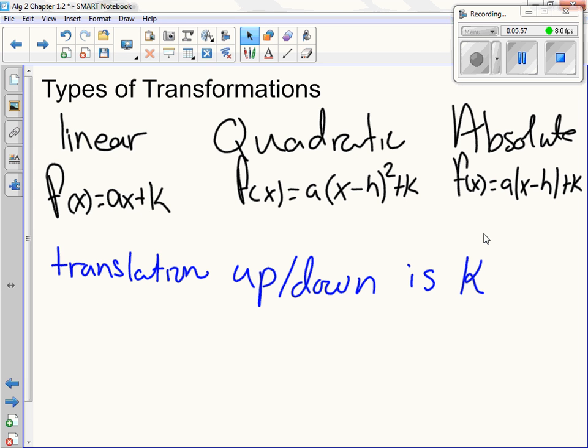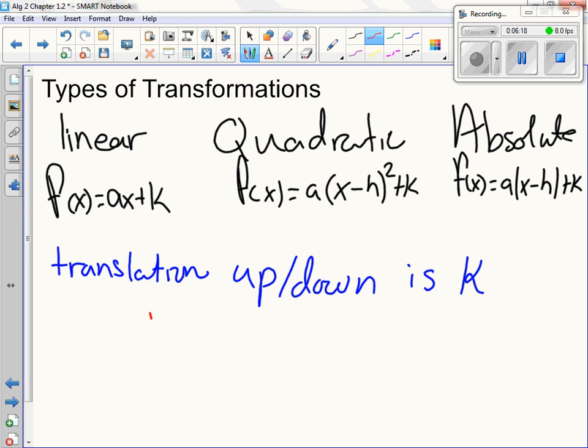So if we had a k value of positive 4, which direction would it move? Would it move up or down? Positive 4 would be up. Negative 4 would be down. So if we're subtracting 4, it'd move it down. If we're adding 4, it would move it up.